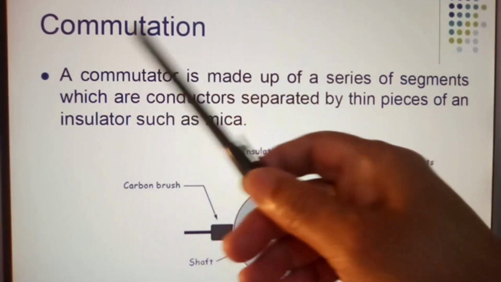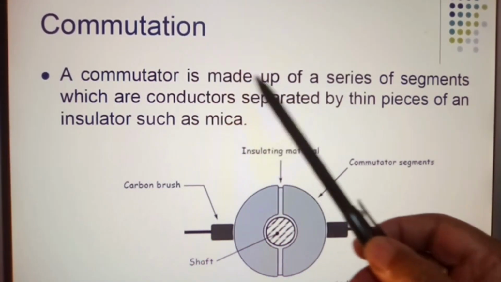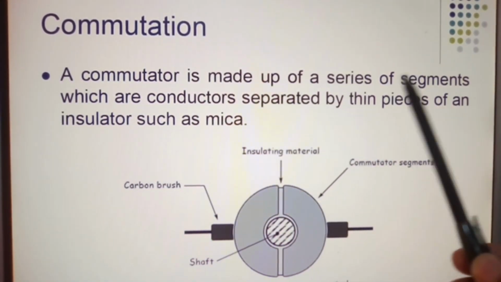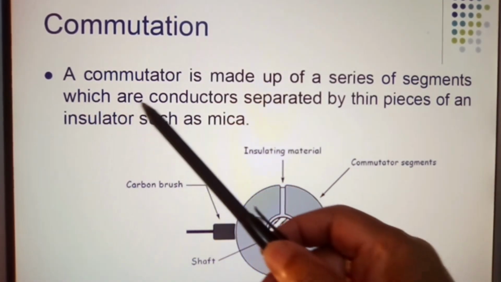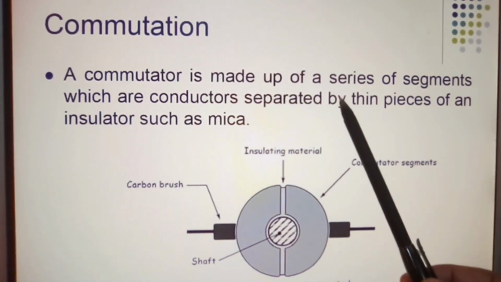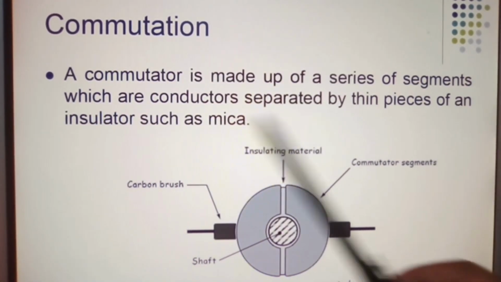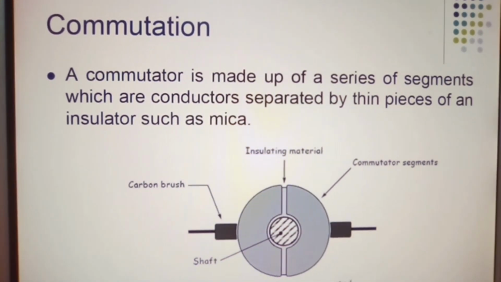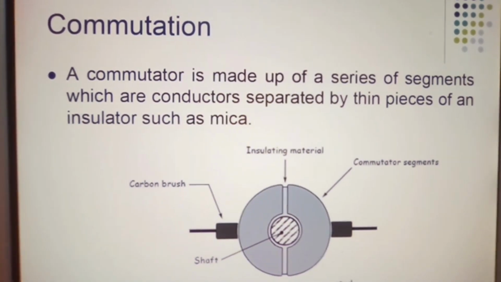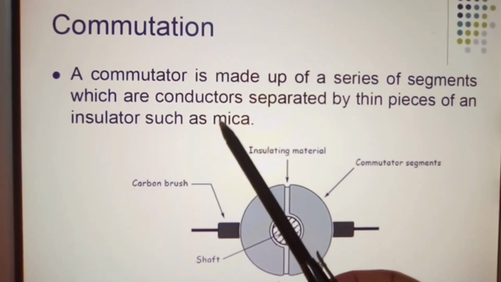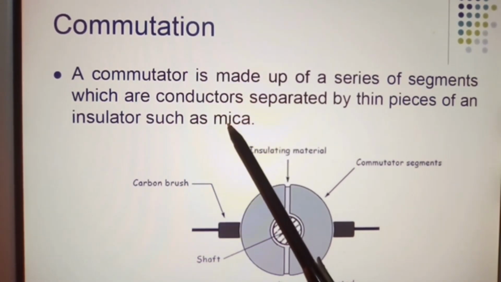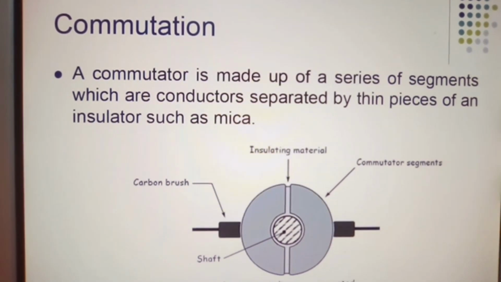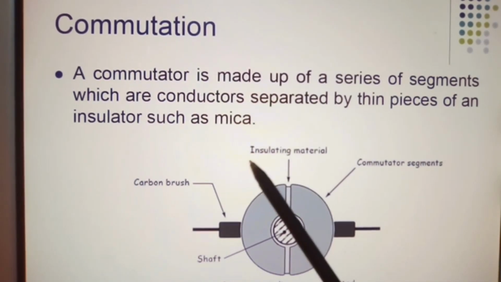Commutation. A commutator is made up of a series of segments, which are conductors separated by thin pieces of an insulator, such as mica. There are other forms of insulators, such as paper, but we won't deal with that at this point in time.